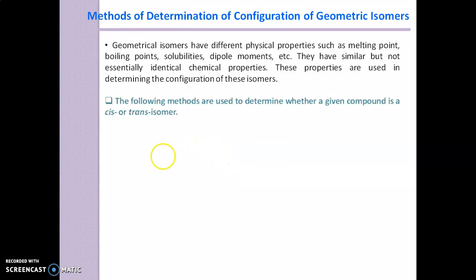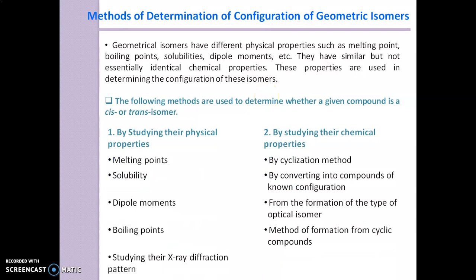The following methods are used to determine whether a given compound is a cis or trans isomer. These methods are by studying their physical properties and by studying their chemical properties.